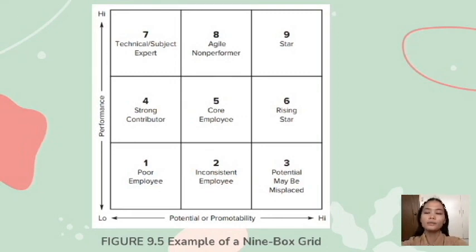As indicated in figure 9.5, one axis of the matrix is based on an evaluation of work performance. The other axis is usually characterized as potential or promotability. Employee development plans are influenced by the manager's evaluation of performance and potential.